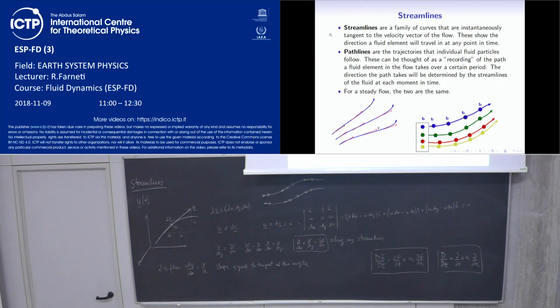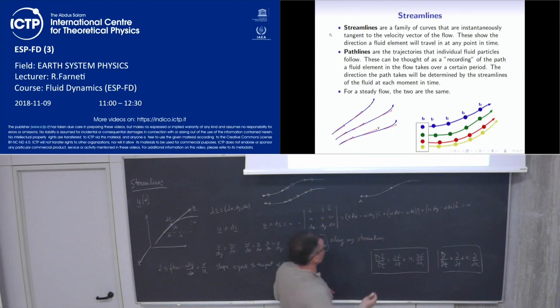If the streamline is fixed in time, the streamline and the path line are the same. If you have this streamline now, this is my streamline, and this is my path line, and the two are the same.